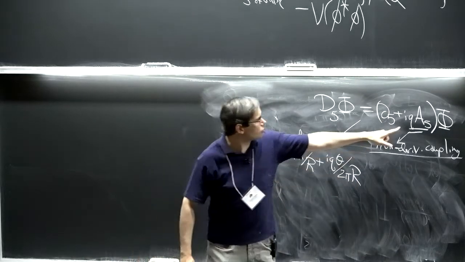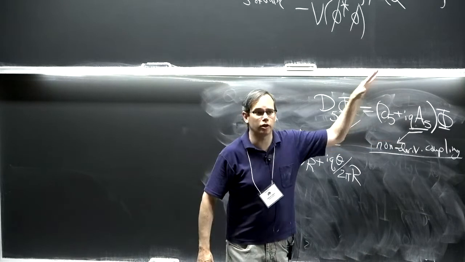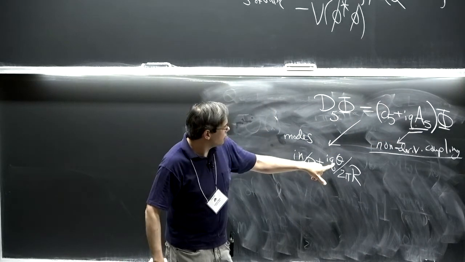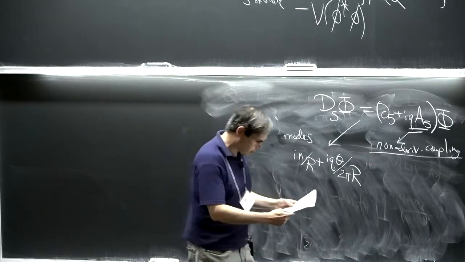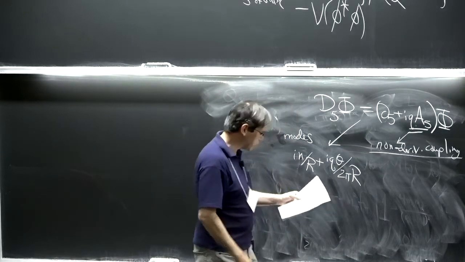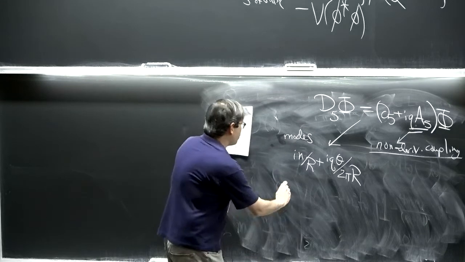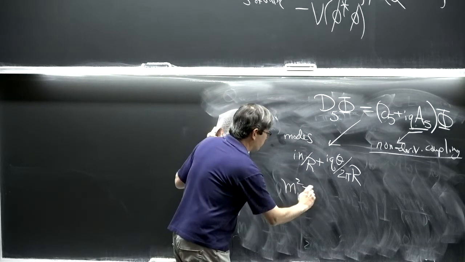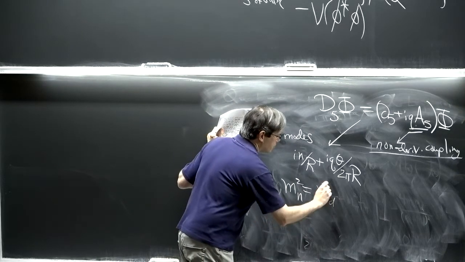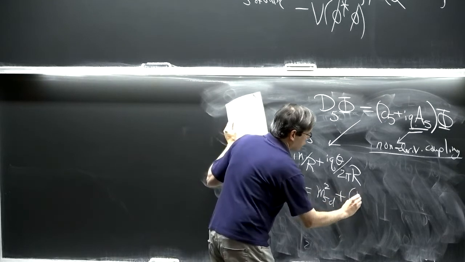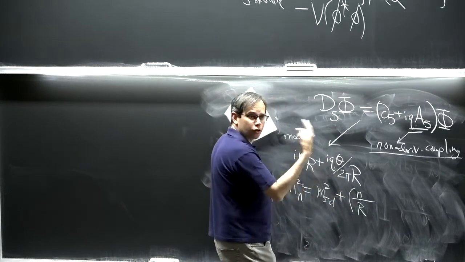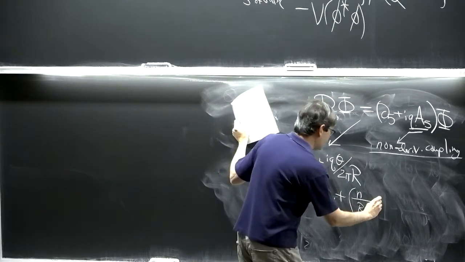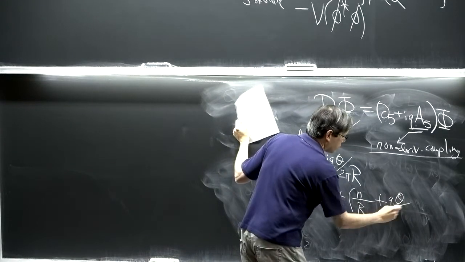But now we have this extra piece that comes from A5, and when we compactify, that turns into a charge times theta over 2 pi r. And so the mass of a KK mode comes from a 5D mass plus a piece that depends on 1 over r, and it has a KK momentum that Raman probably told you about, but it has an extra piece that knows about theta.